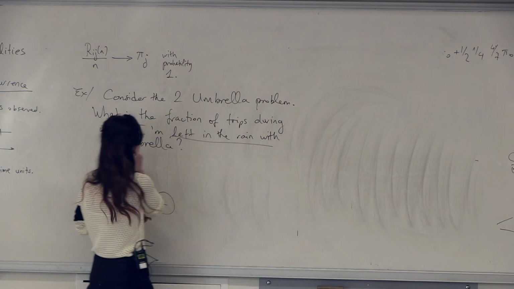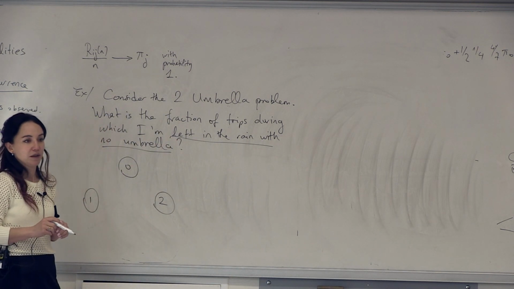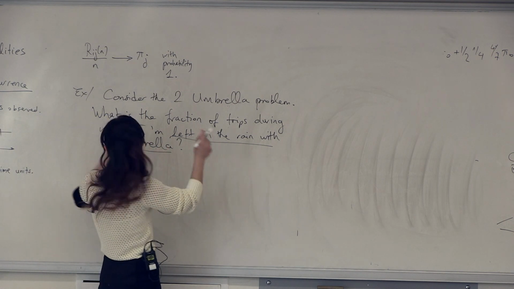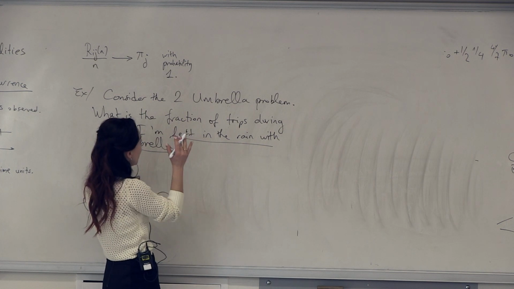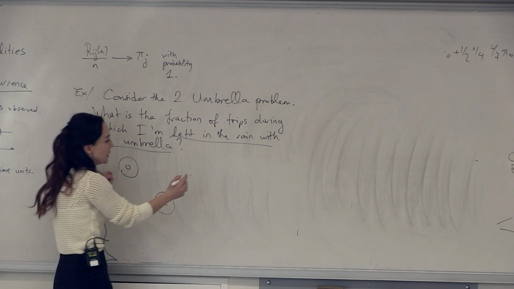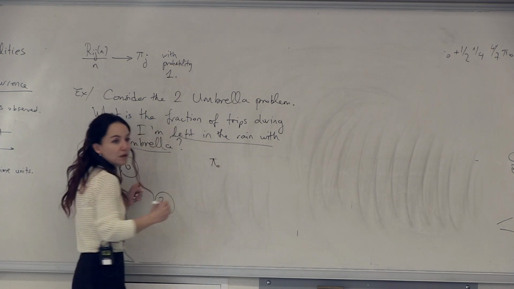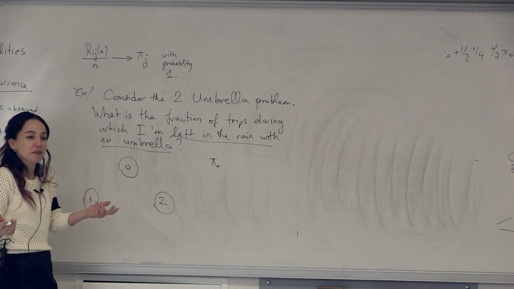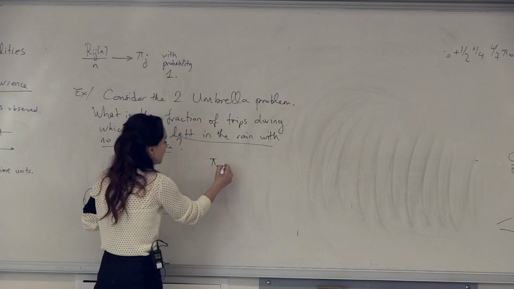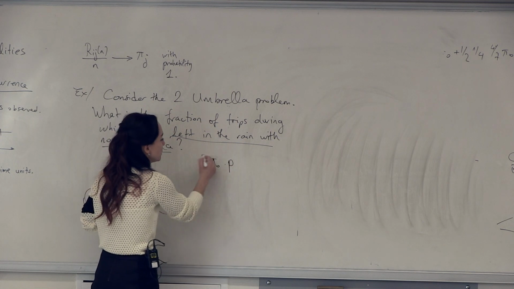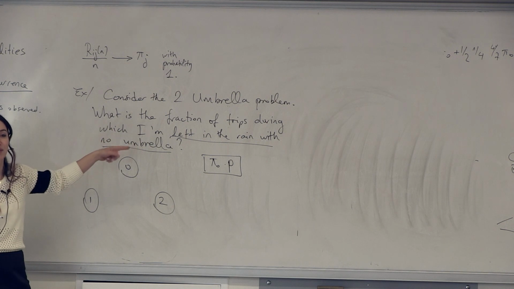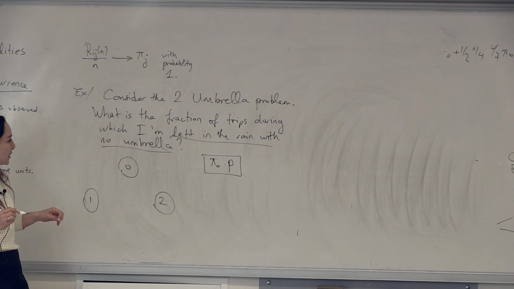Pi 0 times p. Exactly. We've argued that the fraction of times that I find myself in state 0 is pi 0. And the probability that it rains is independent of the state, and it's p. So pi 0 times p is the fraction of trips during which I find myself in the rain with no umbrella.